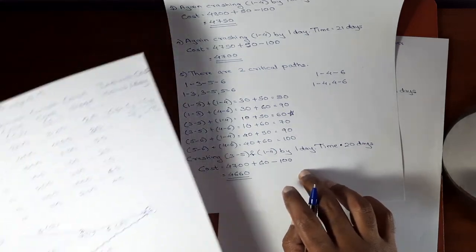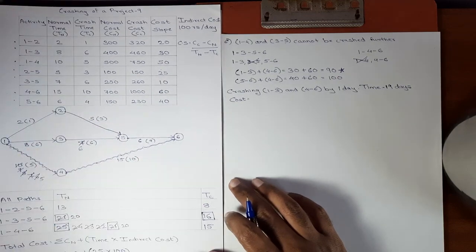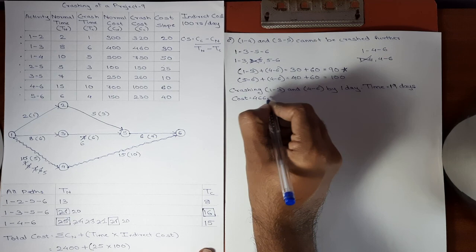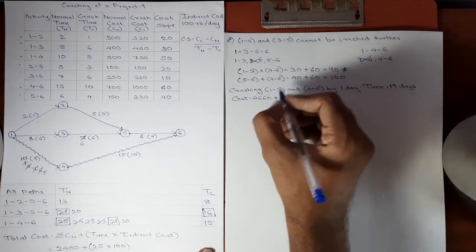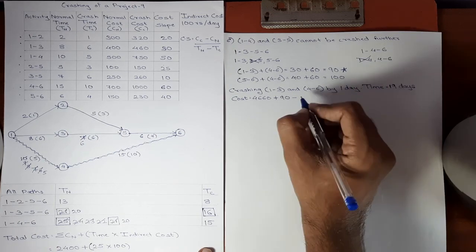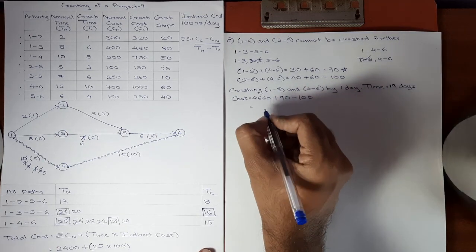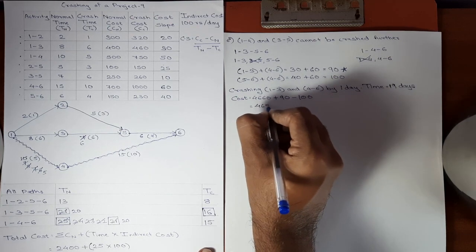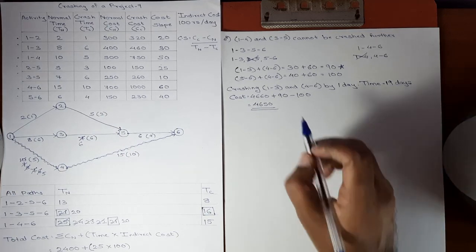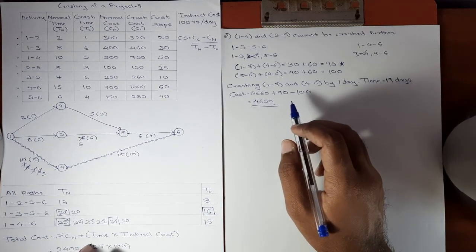So now the total cost will be 4660 plus combined cost slope is 90 minus indirect cost of 1 day is 100. Here we get the answer as 4650. Again the cost is reduced. Activity 1, 3 and 4, 6 was crashed. We'll just update the network diagram.